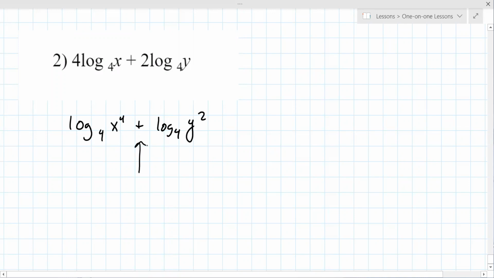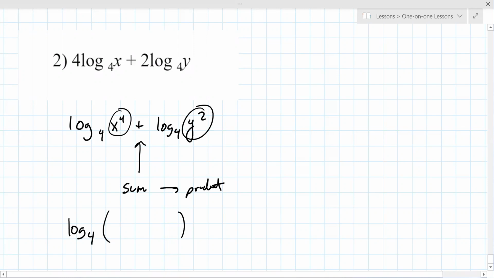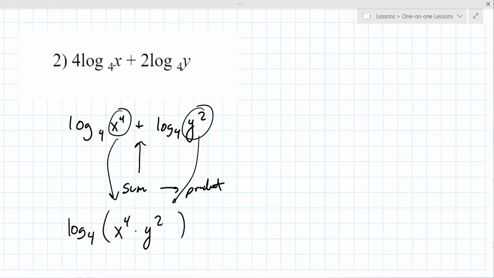So this time a sum becomes a product. So multiplying? Yes, you can only have one log. So these things in here that I circled come down in here. So it becomes x to the fourth times y squared. And do we just leave it like that? Once you're down to a single log, you're basically done. Perfect.